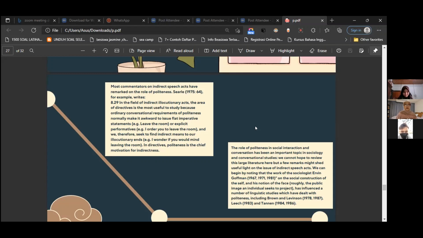In directives, politeness is the chief motivation for indirectness.